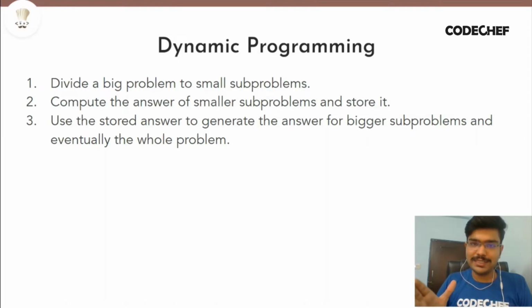And from these stored answers, we try to generate the answers of the bigger subproblems, and eventually it helps us find the answer of the main problem we are encountering. So this is the basics of dynamic programming, and let's see how we can implement it in this question.